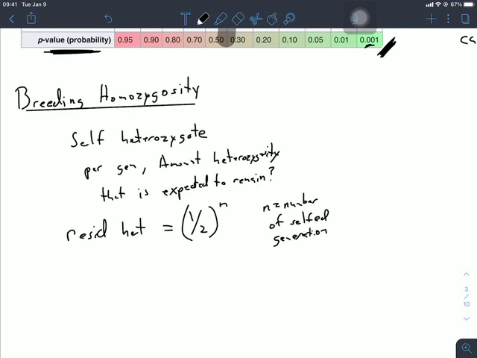So, I have a question for you. How many generations would we need to self an individual, a completely heterozygous individual, in order to have less than 0.5% heterozygosity remaining?